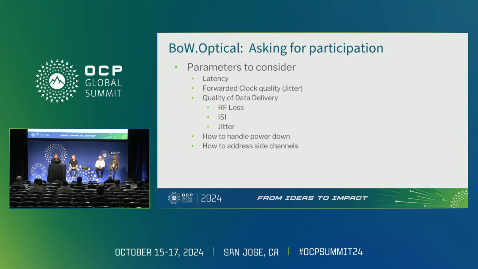For example, if your link requires side channels at the lowest speed, how do you want to handle that? That's the major issue, for example, right now for optical PCIe. I'm going to stop here, and feel free to attend our meeting if you are interested to see where Bunch of Wires on optical is going to go. Great.